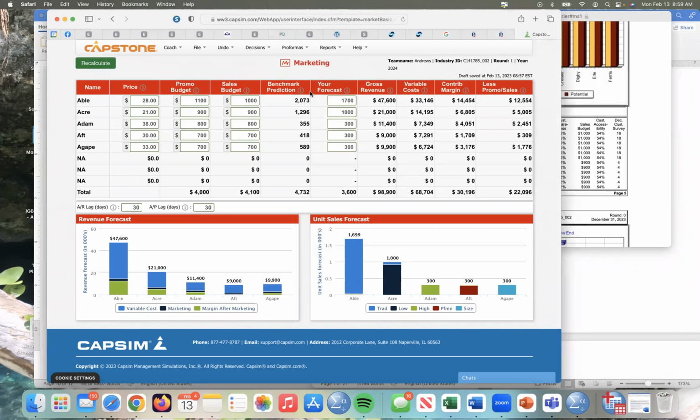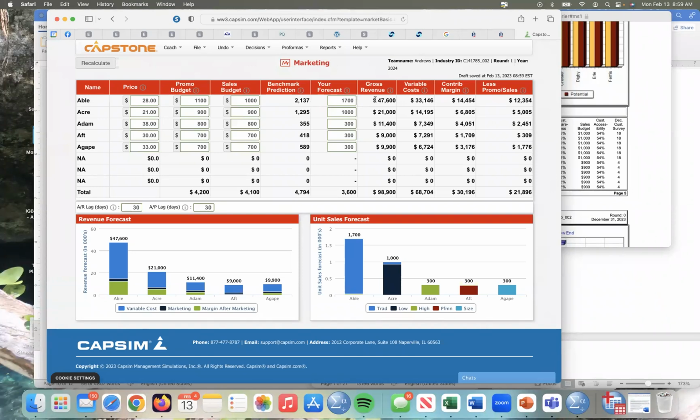But before we do, let's take a look at the benchmark prediction, which again is not accurate, but it's good for just experimenting. If I look at the benchmark prediction, what happens when I increase my promotion budget? It looks like it increases by about 100.